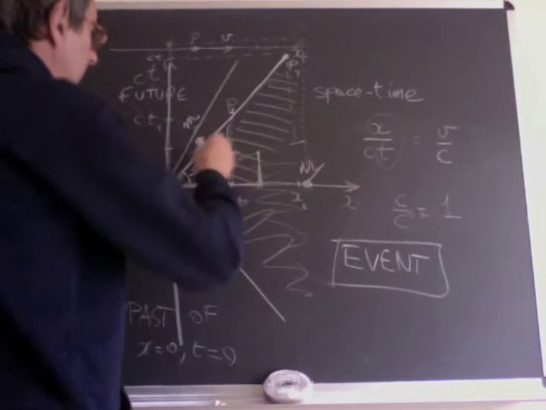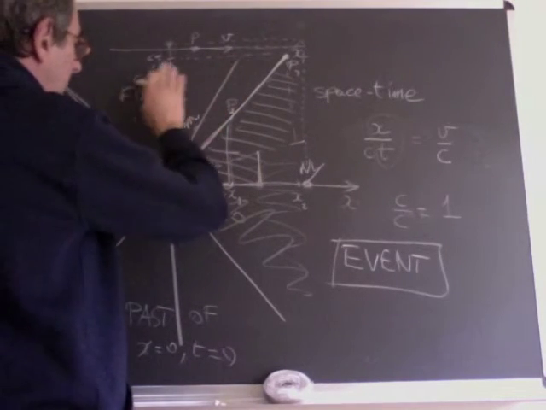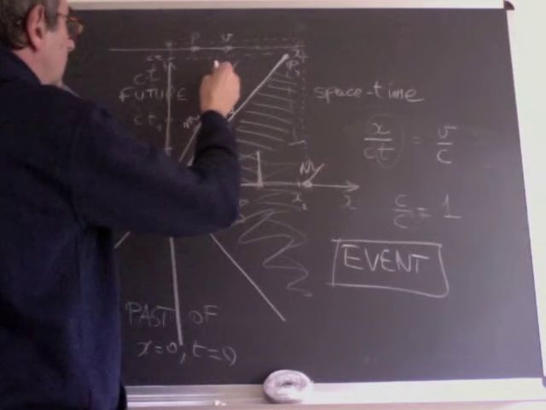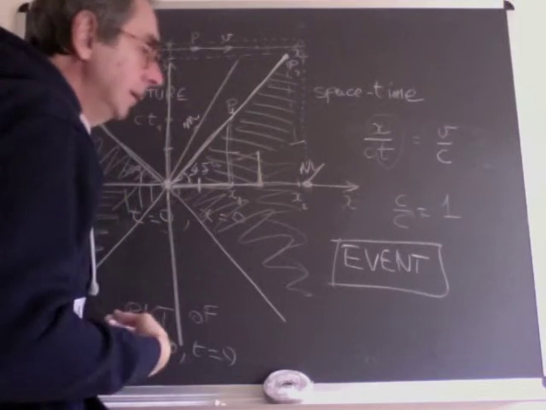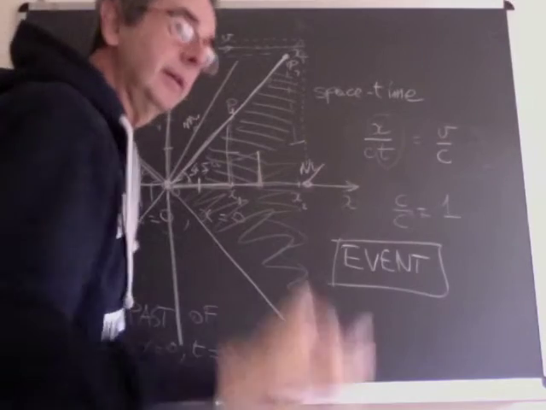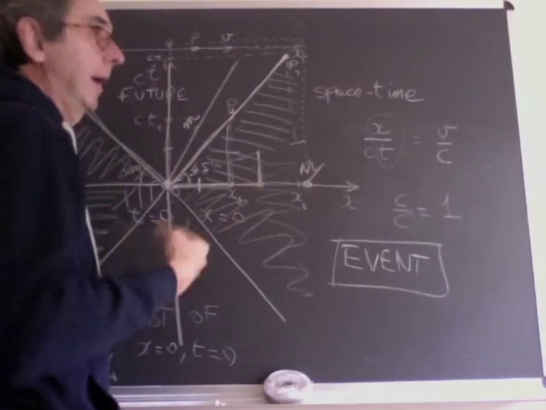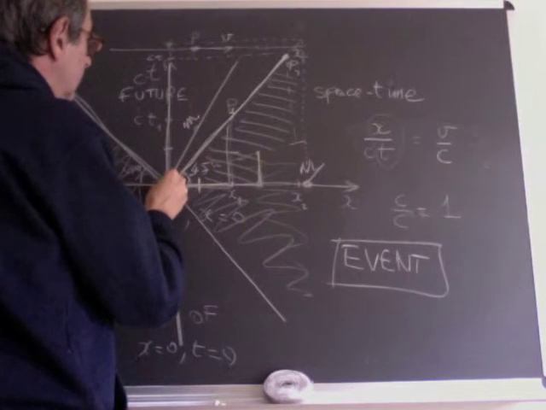A future event in my permitted zone is, for instance, very simply me standing at rest, standing still here while I am talking in this short lesson.